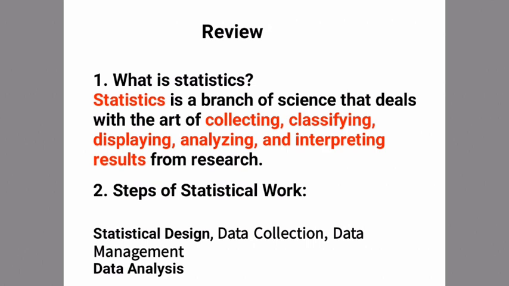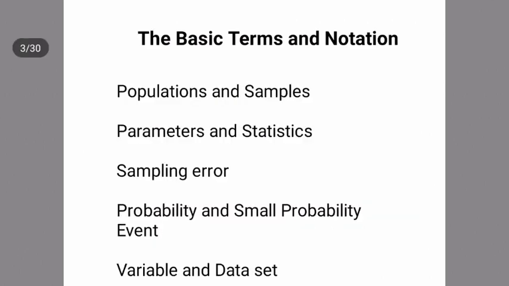After we have known the definition of statistics and the steps of statistical work, to obtain a complete understanding of statistics, it is necessary to be able to speak its language.